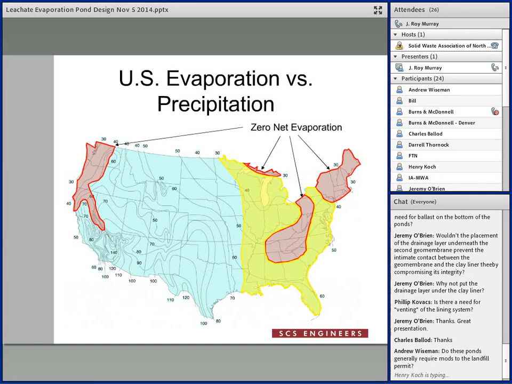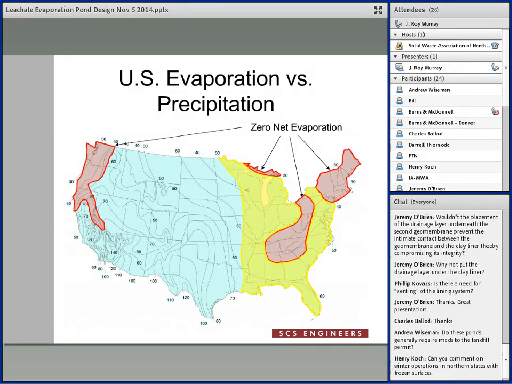Sometimes a state reviewer will say, I want to see calculations, and I'll say, well, I can do these calculations, but you also have to realize the site has four other things they can do with their leachate, which includes recirculation and hauling off-site to a POTW and whatever else. And so these complement the facility's ability to handle leachate.